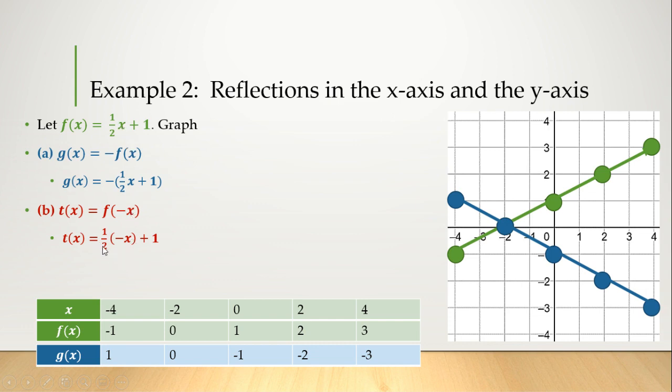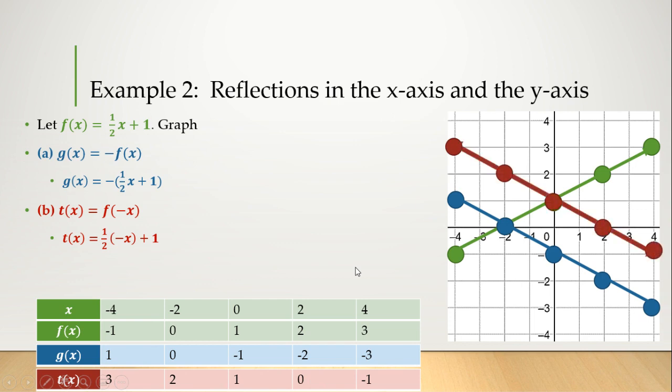So now I've got 1/2 of a negative x plus 1. We take all of our x values, plug them into this formula, and that'll give us all the outputs for this function. So we get 3, 2, 1, 0, negative 1. And we draw the line.